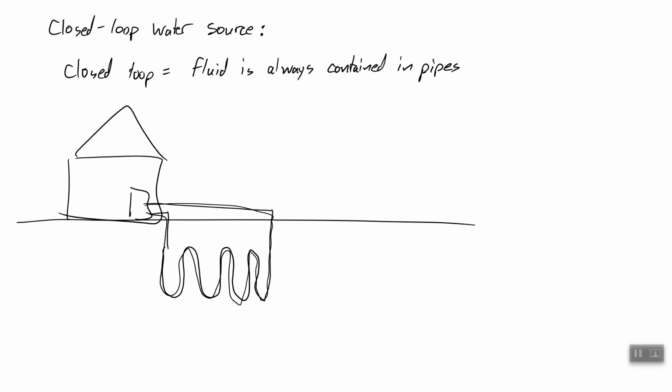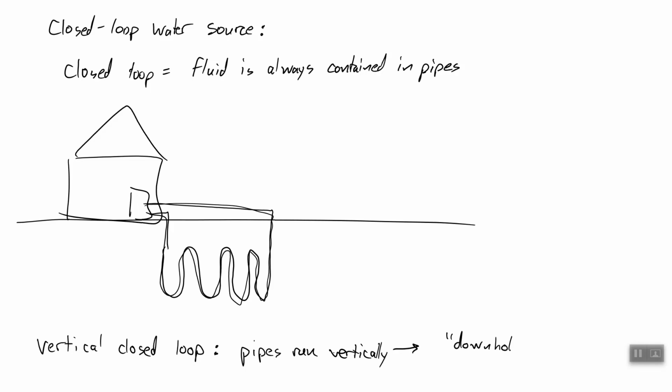Okay, the one I've sort of drawn here, we might call a vertical. So there's two types of closed loop. There is a vertical closed loop where the pipes run vertically and they go quite far down. These we often call downhole or borehole systems.